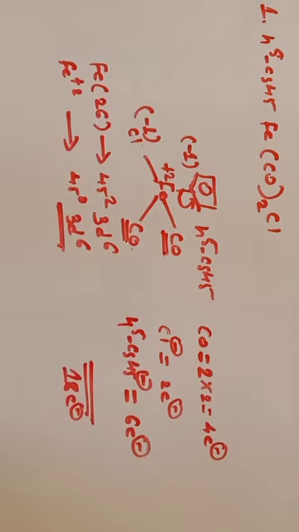So this is the complex eta 5 C5H5 Fe(CO)2 Cl. In this example, we select the ionic method to determine the electron count. Whenever there is the ionic method, a heterolytic cleavage should occur between the metal atom and the ligand which is attached to the metal atom.